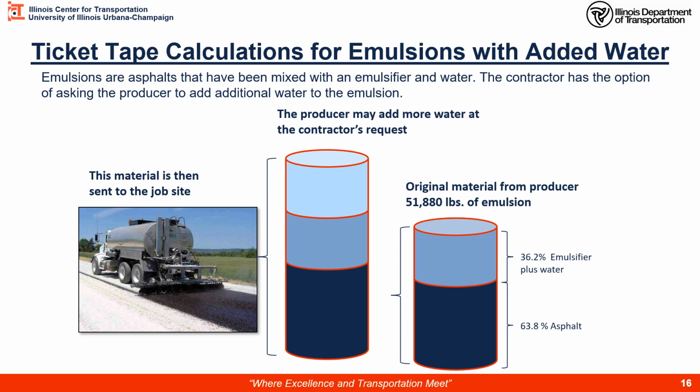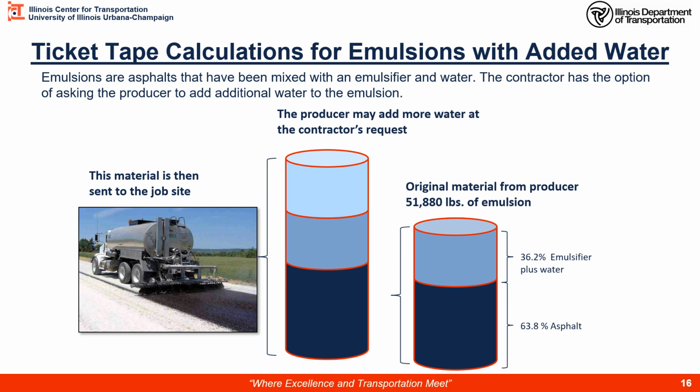Let's talk a little bit about physically what's going on in the production of emulsions and the addition of water and how it ends up on the road. First of all, the asphalt producer is going to make a standard emulsion according to specification. This could be an SS1 or a CRS or other type of materials. For prime and tacks, SS slow setting emulsions are typically used.